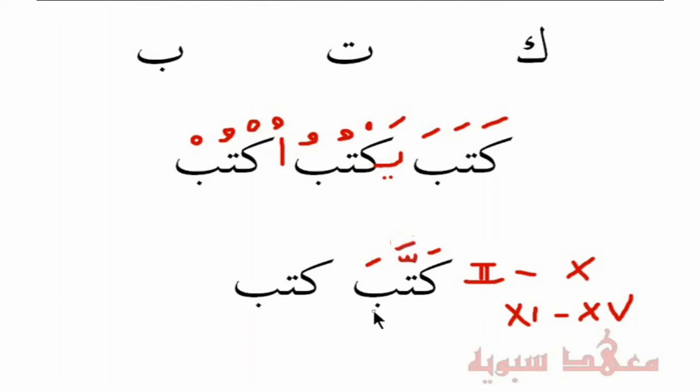Okay, now let's do just one more meaning. If we actually put an alif in between the kaf and the ta, so I'll just redo that. There is a space here, so it would be kataba.